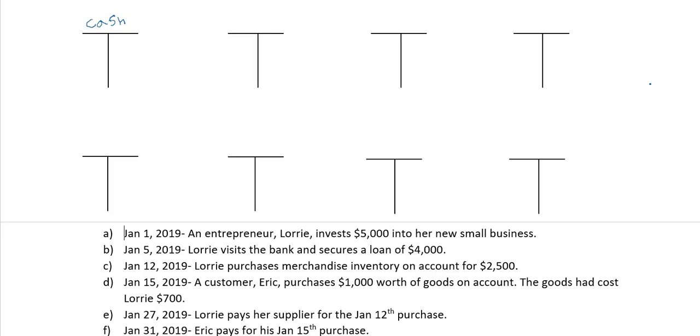So looking at transaction A, we will be adding 5,000 into Lori's new business. Before we do that, we're going to get into the habit of putting down the beginning balance first. In this case, it's not absolutely essential because it's a new business and everything starts from zero, but just to show you how it's done, we're going to do that.